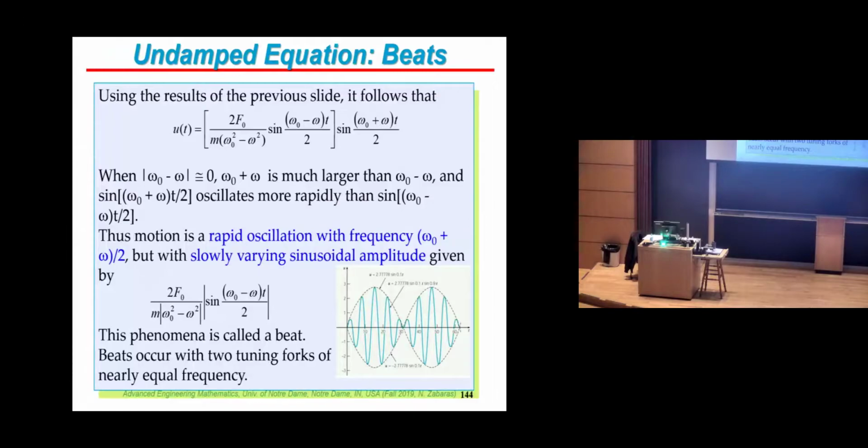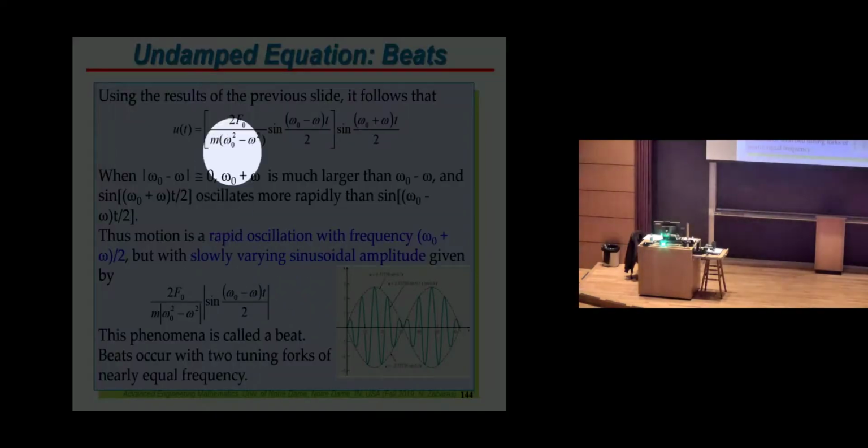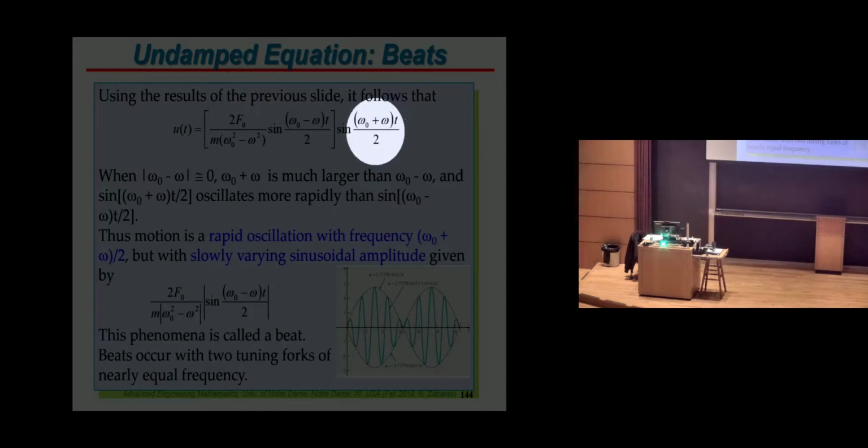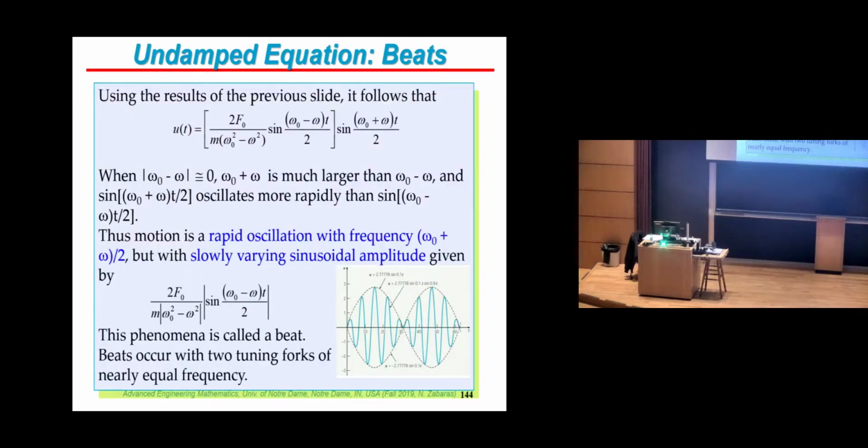So the amplitude, which is this bracket, is this dotted line that you see. It moves slowly, in this particular example with frequency 0.1. And the actual solution moves much more rapidly with frequency (omega 0 plus omega) over 2. And this is what people in acoustics call beats.